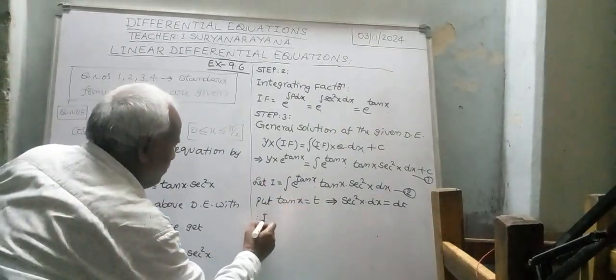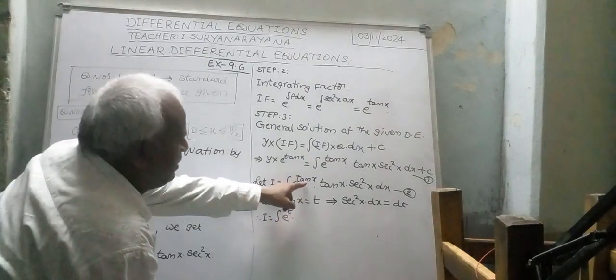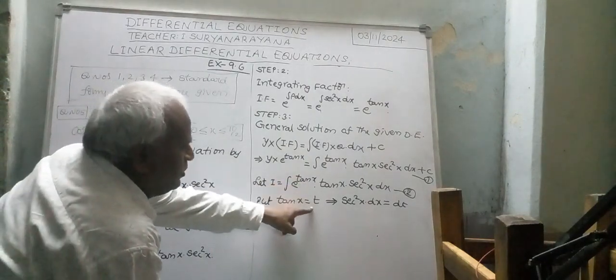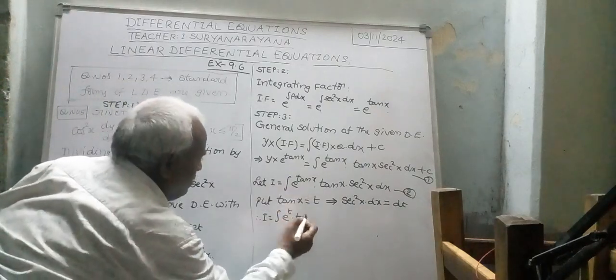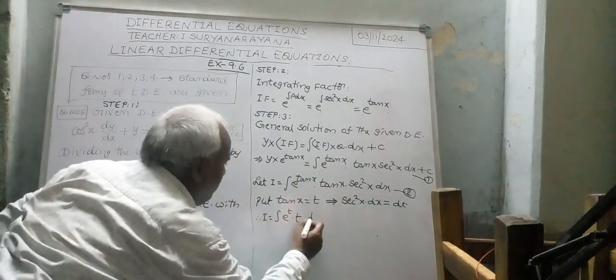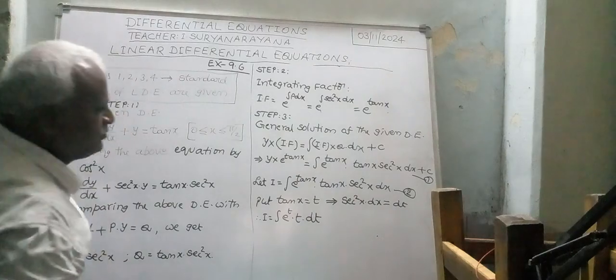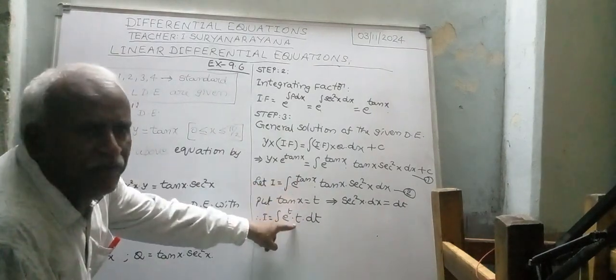Therefore, I is equal to integral e power t into t dt. So we simplified this complex function into a simple function.